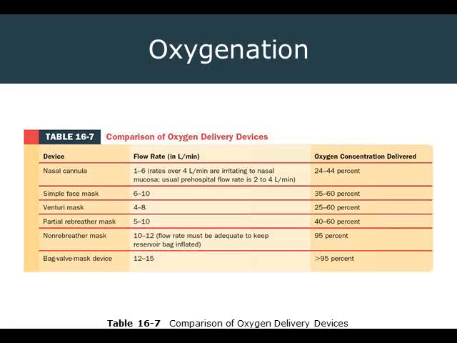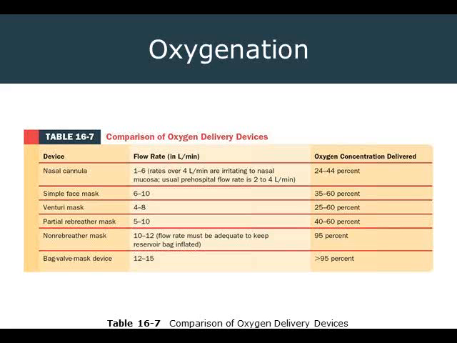Oxygen delivery devices include nasal cannula, simple mask, venturi, partial rebreather, non-rebreather, and bag valve mask. Nasal cannula is generally 1 to 6 liters, simple mask 6 to 10.